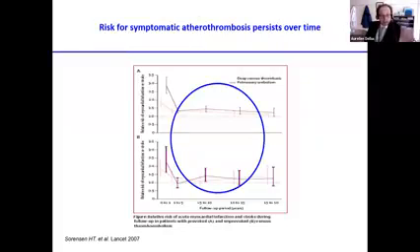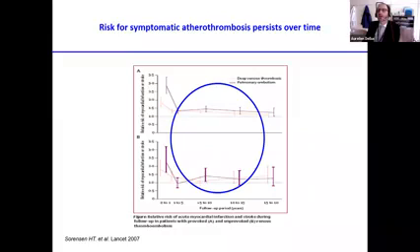Interestingly, this risk persists over time. Even if it's much lower after the first year, you can see here that patients with DVT or PE continue to have a 1.5-fold increase in the risk of developing symptomatic atherosclerosis as compared with healthy controls.